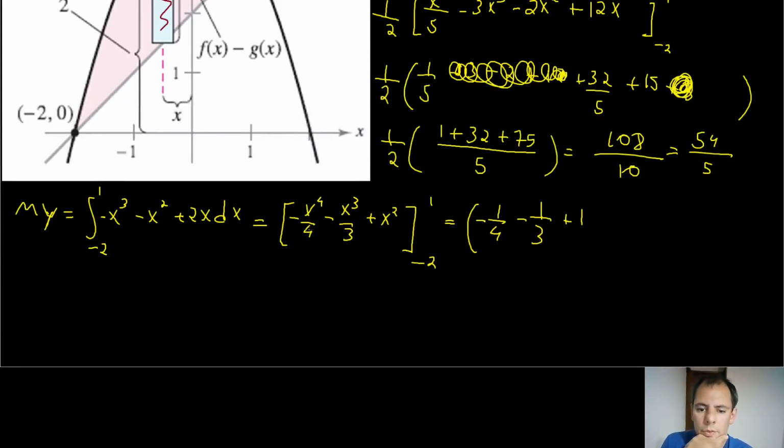Now 16 divided by 4, 4, so going to be plus 4, going to be a plus, minus 8/3, and this is going to be plus 4 minus 4.